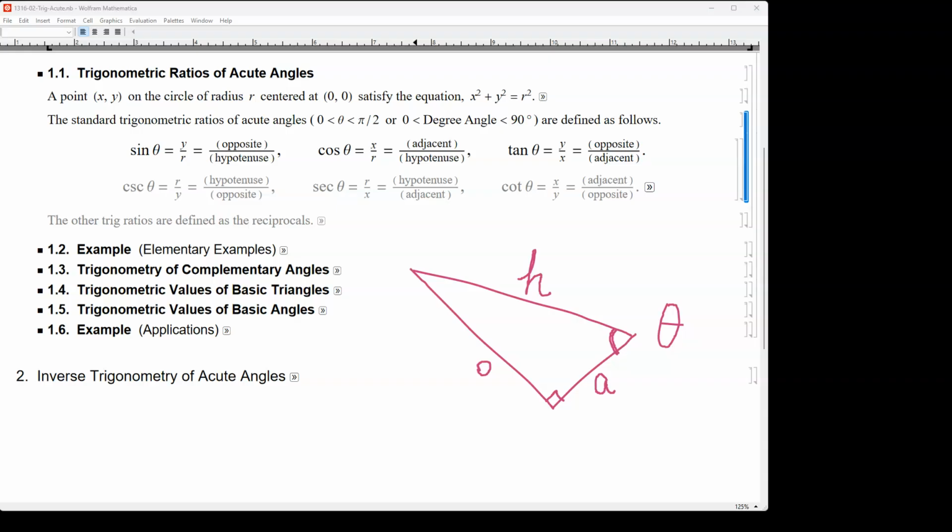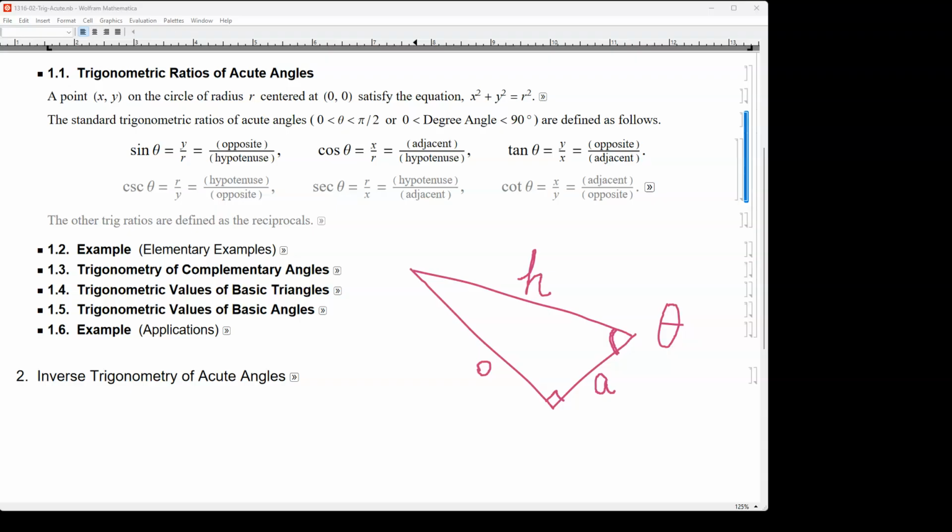So sine of theta is the opposite over hypotenuse, O over H. Cosine of theta, adjacent over hypotenuse, A over H. Tangent of theta, opposite over adjacent, O over A. And we can get cosecant, secant, and cotangent by the reciprocals.